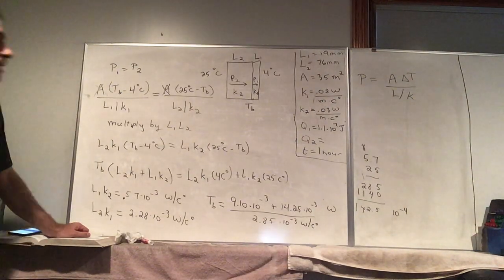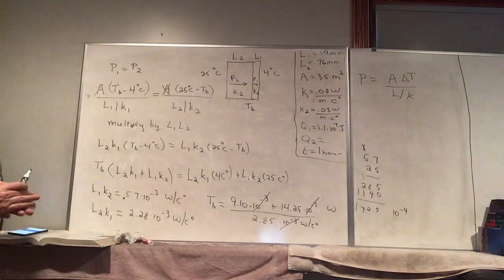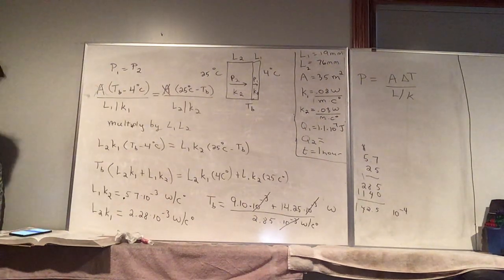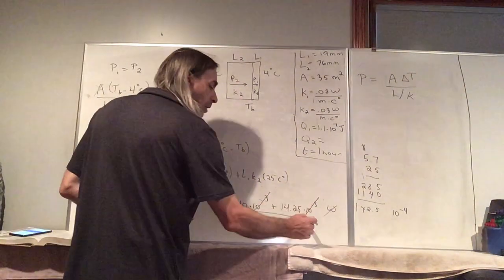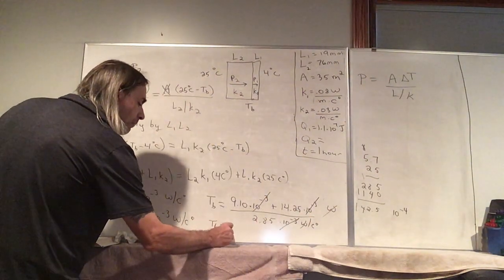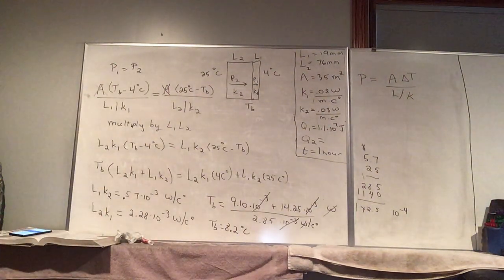And all these 10 to the minus 3s are going to cancel out. So I'm just going to cheat and use a calculator. So what I'm getting is 8.2, and the watts cancel out. We have per Celsius degree. So I'm getting this boundary temperature of 8.2 degrees Celsius.